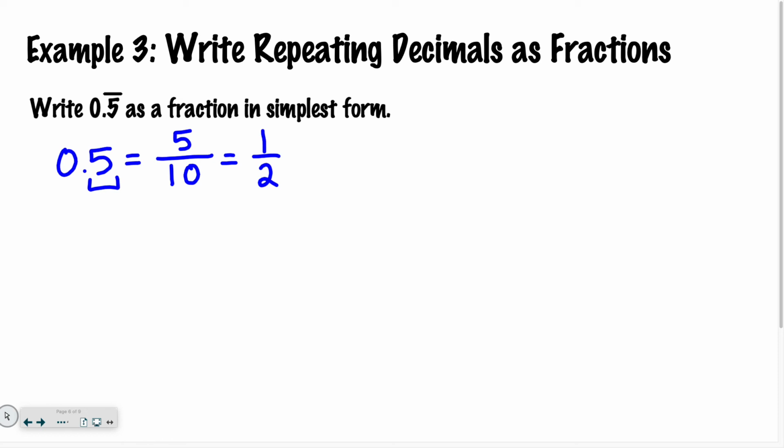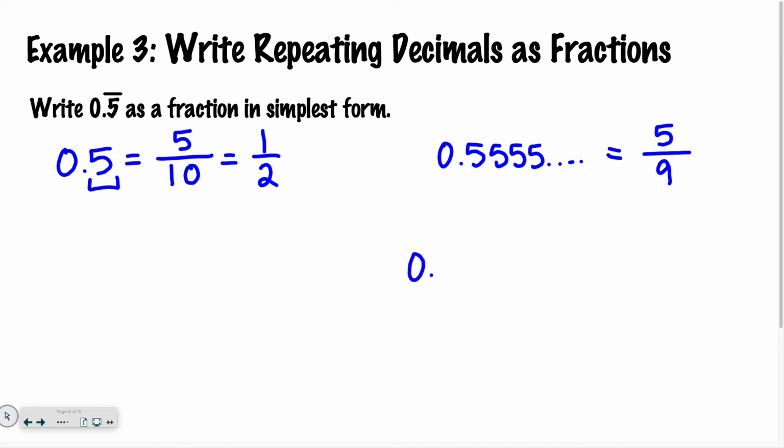Okay, but if we're talking about a fraction that is repeating, it's a little different because it's not just 0.5, it's 0.555, and that goes on forever and ever. So instead, we put the 5 on top, and instead of putting a 10 on the bottom, we put a 9. And the way you know how many 9s to put is how many numbers are repeating.